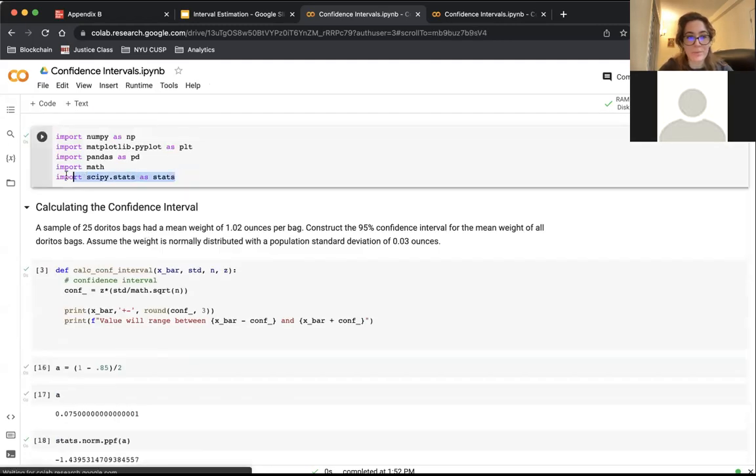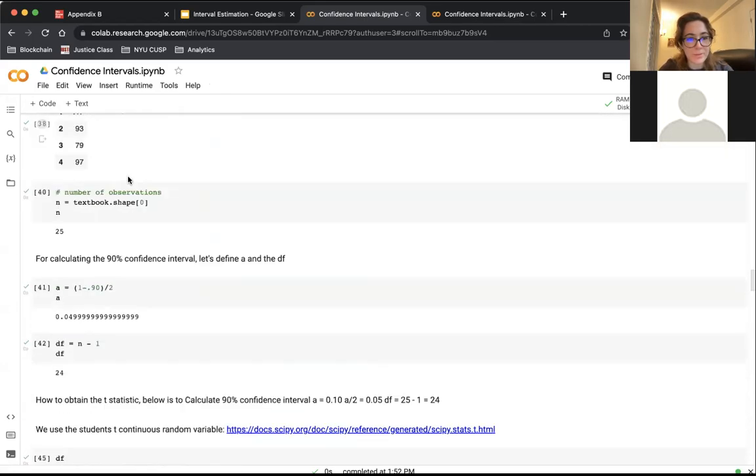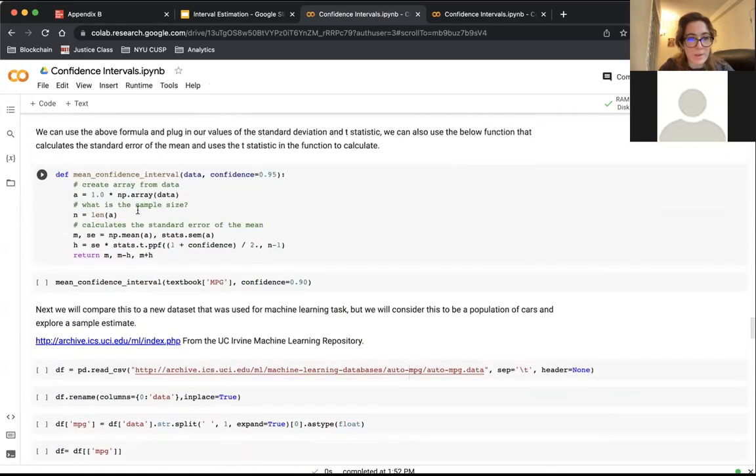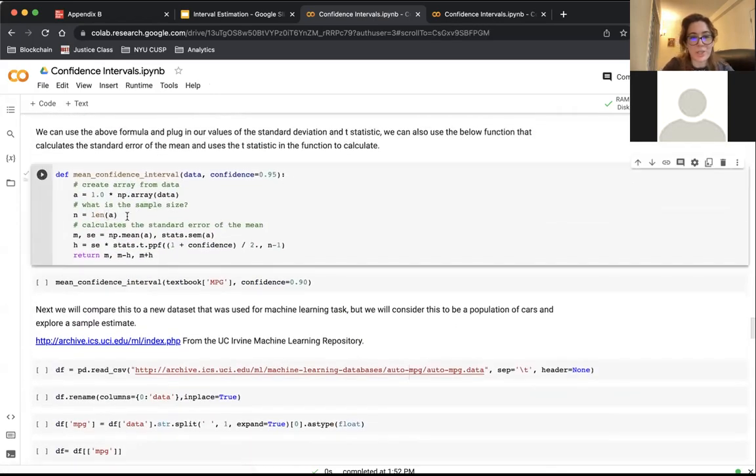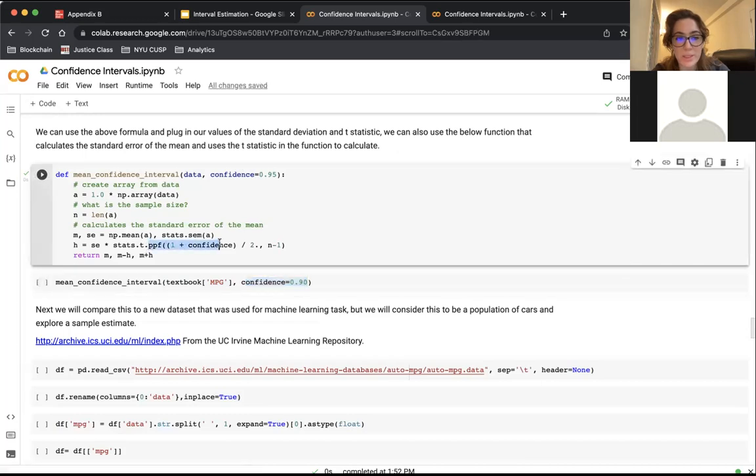That's coming from here. This function will calculate the confidence interval using a column, and you just have to tell it what confidence you want to use, because it'll use that value to create the T statistic for you.